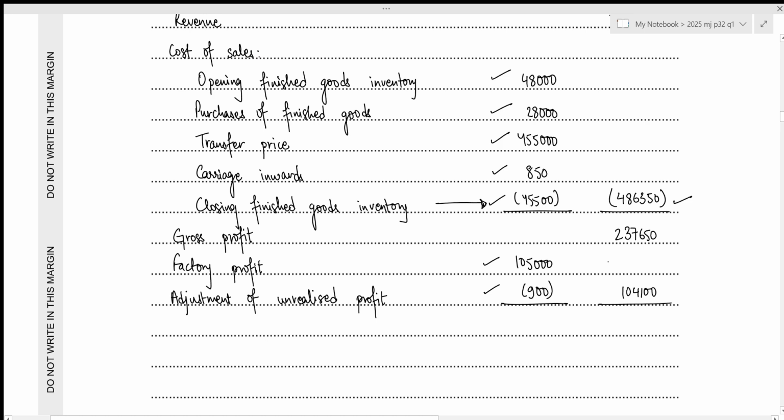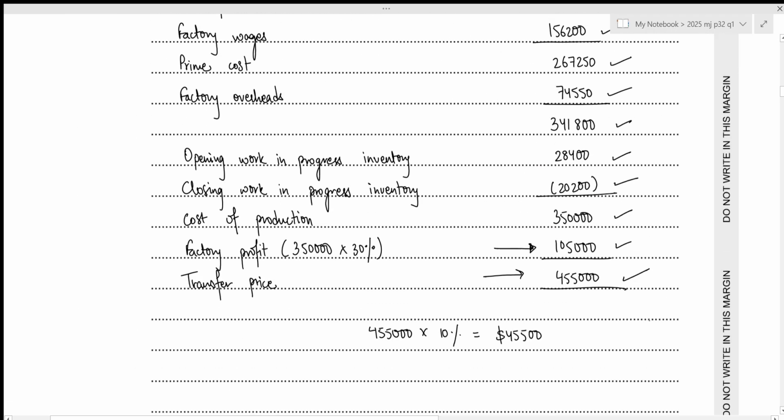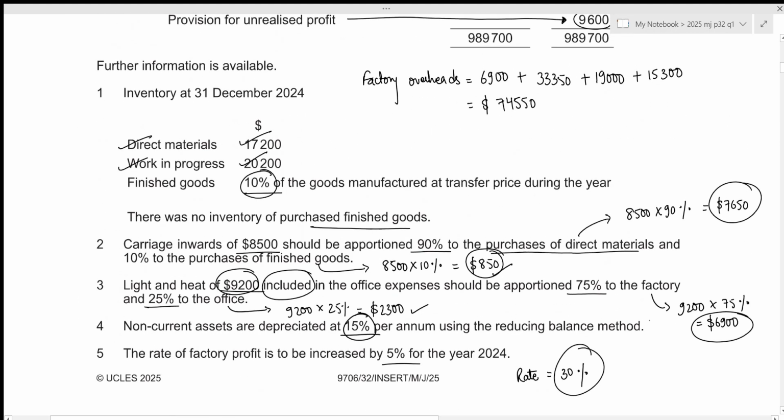Now, we need to add this value to our gross profit to get our effective gross profit. That will be 237,650 plus 104,100, which results in 341,750. Okay, after this, we just need to list down all of our expenses. In this case, we do not have to categorize it under the heading of administrative expenses and distribution cost because we're not talking about a limited company. We're talking about a sole trader.